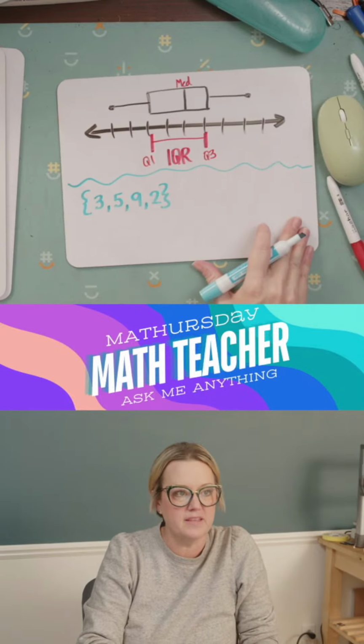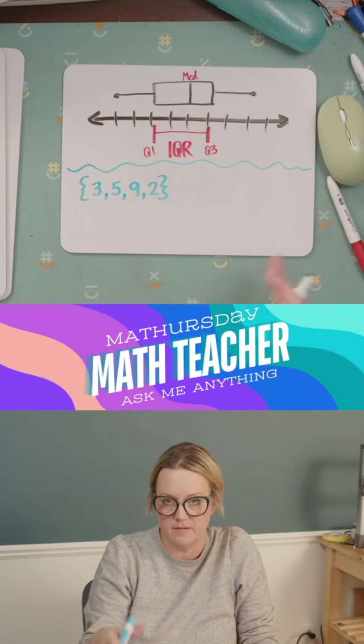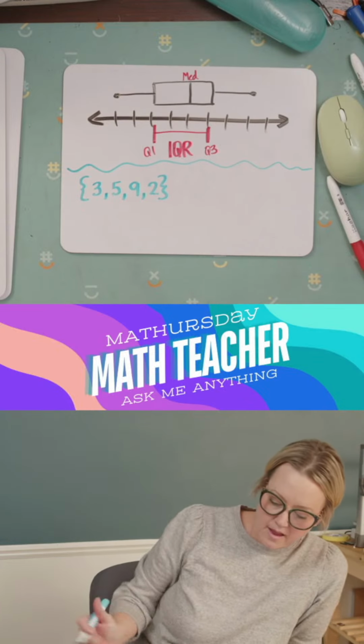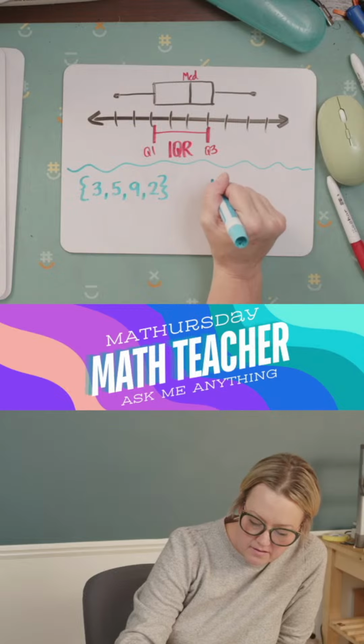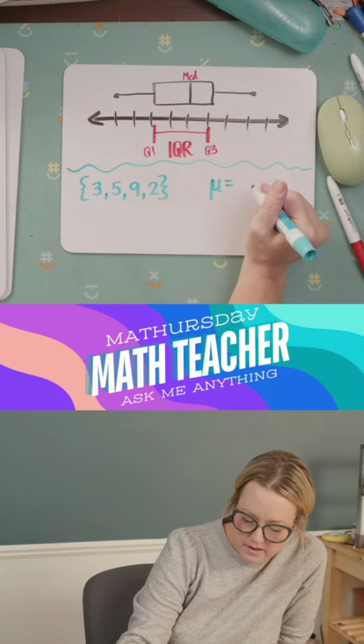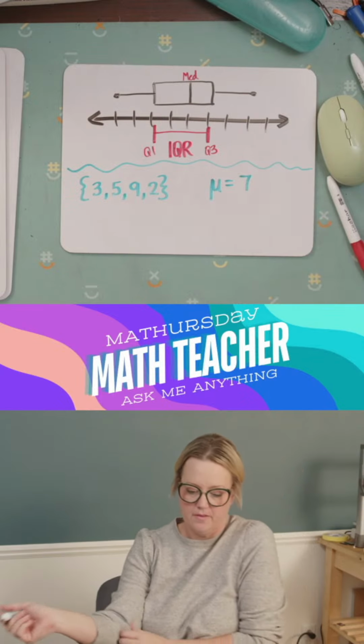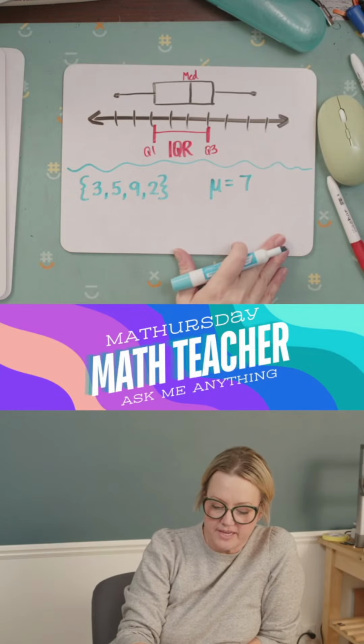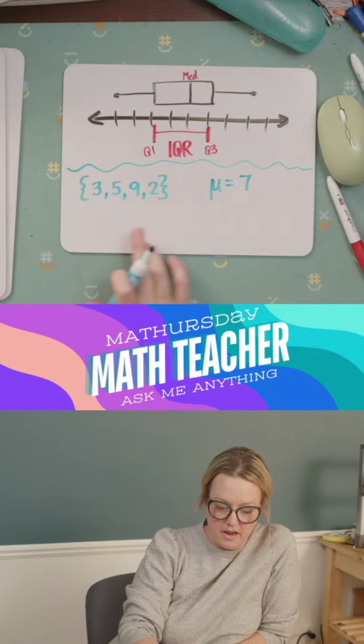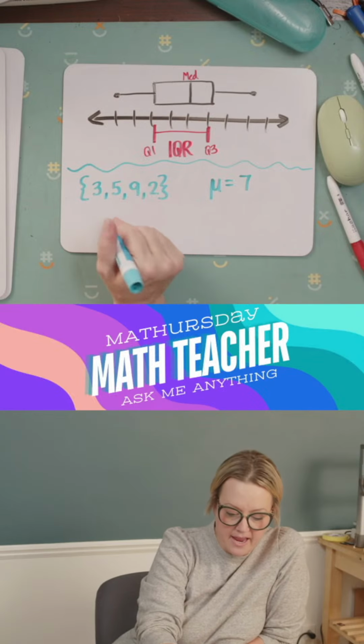That's just a snippet. These are the data that I want to find the absolute deviation for. Let's say that my mean is 7.